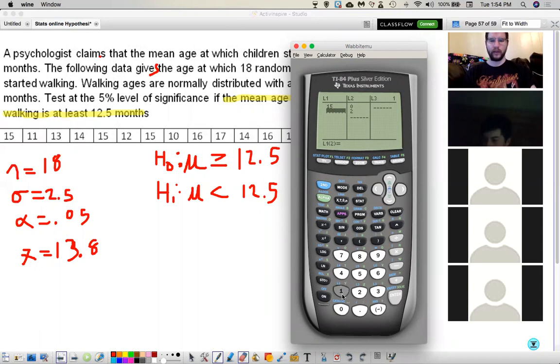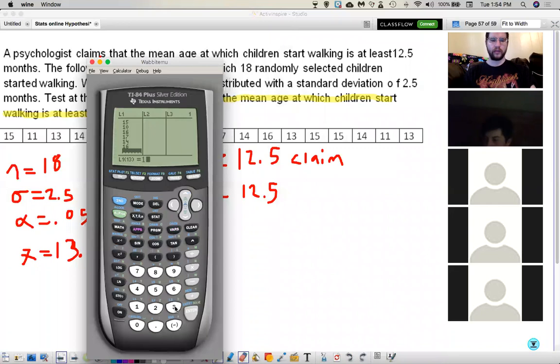Dang. 11, 13, 14, 15, 12, 15, 10, 16, 17, 14, 16, 13, 15, 15, 14, 11, 13.